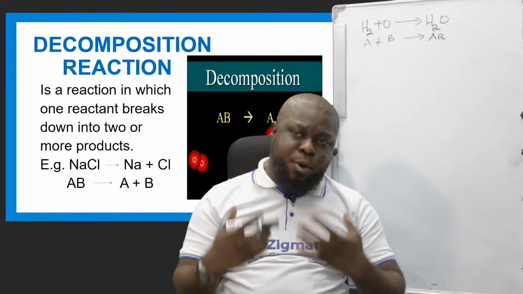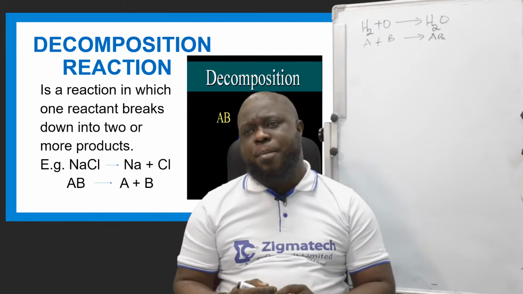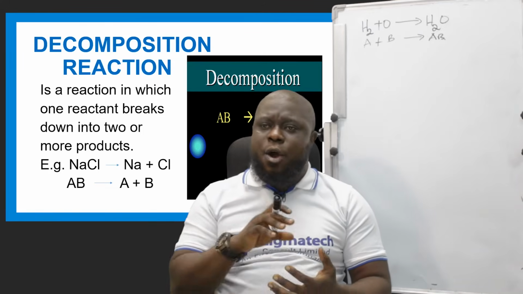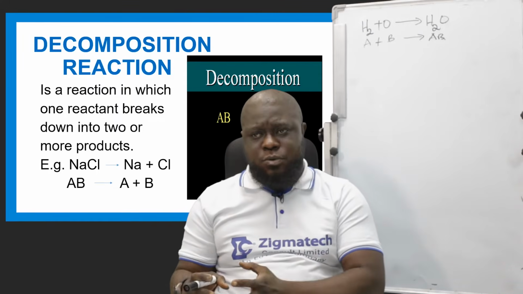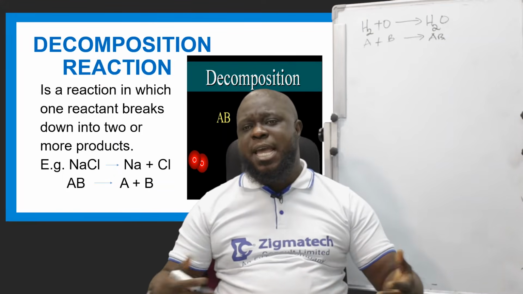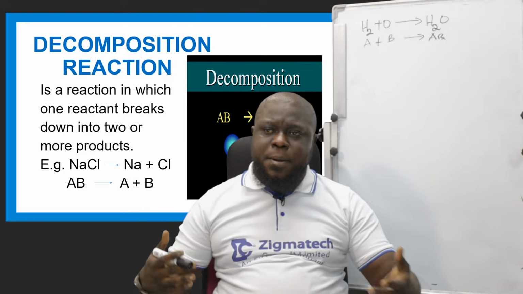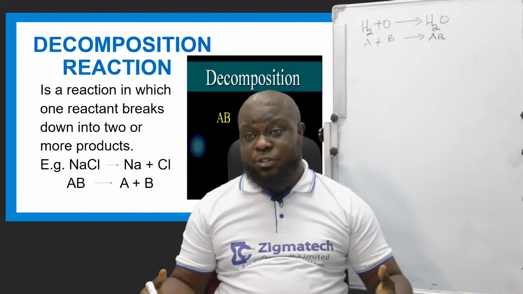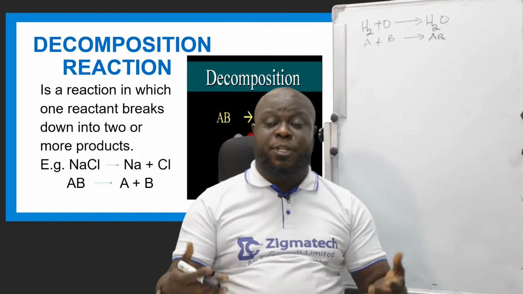In essence, what can be broken is compounds. Okay, a compound that is formed can be broken into two. As you can see, the decomposition reaction breaks down into different products, different species.